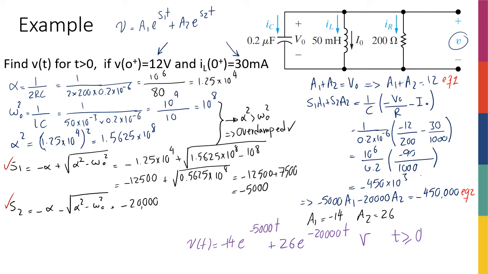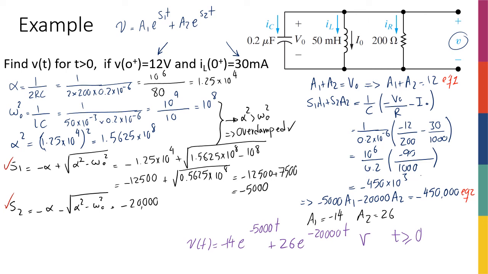As mentioned before, and as I promised, although the explanation of why we're doing all of this was actually quite complicated, it might take some time for you to take it in. The procedure to solve RLC circuits is actually quite formulated and quite easy. The first step would be calculating alpha and omega naught, making sure of the damping situation. In this case, it was overdamped.